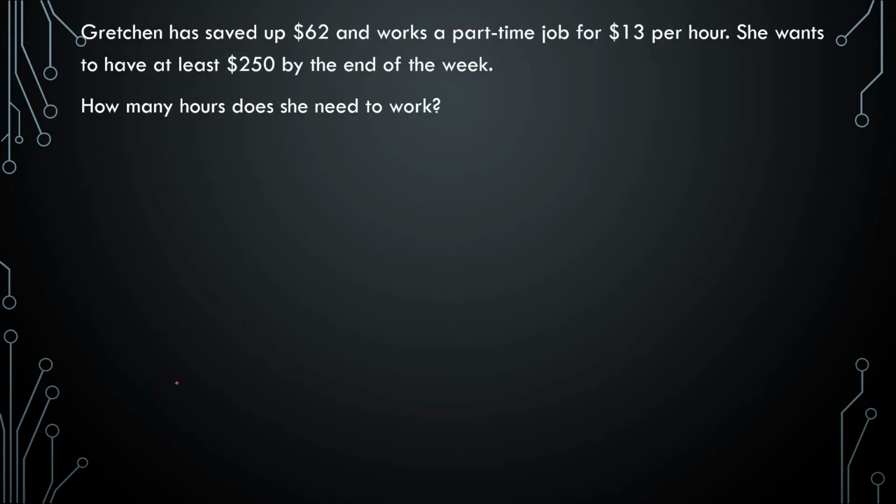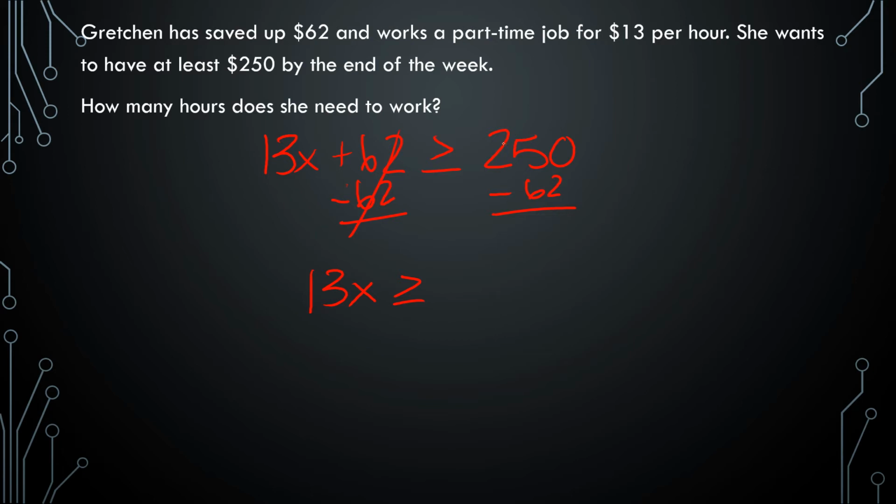So here we have the same problem, except now we're going to be solving it. We want to know how many hours she needs to work in order to have that $250. So I'm going to take our inequality from before and solve this. You solve this the same exact way as you would an equation, except instead of an equal sign, you have this inequality sign. When I have that plus 62, the opposite would be subtracting 62 from both sides. I am left with 13x is greater than or equal to, let's do some math here.